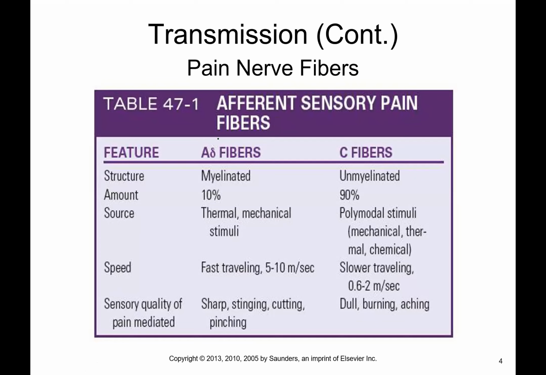Some of the wires transmit faster than others. We have sensory afferent neurons, and they can synapse, which they have to, on other neurons. And there's a different speed at which some of these are transmitted.